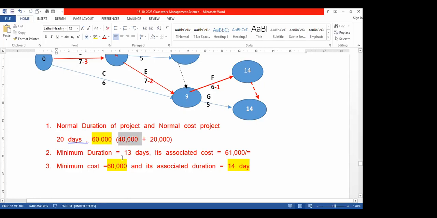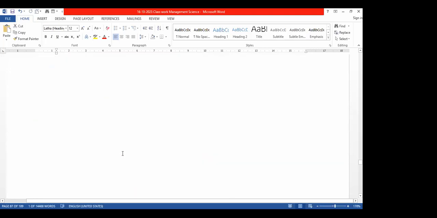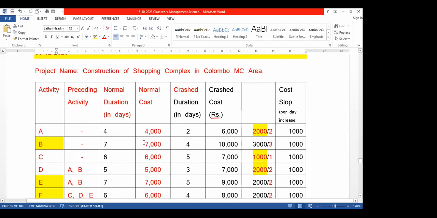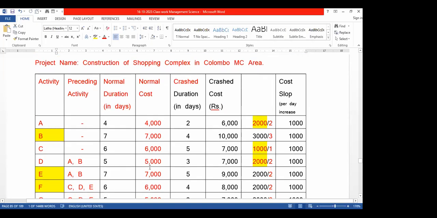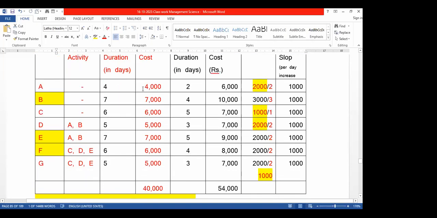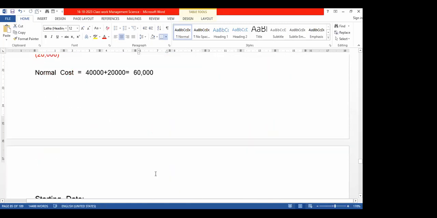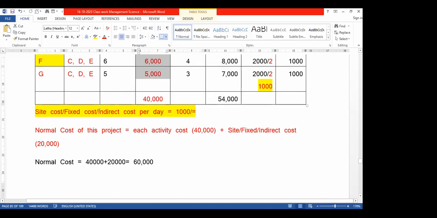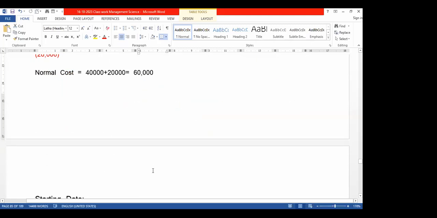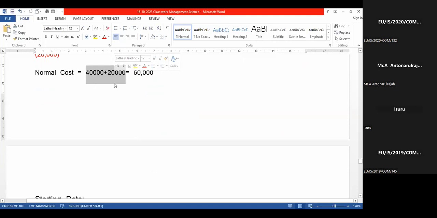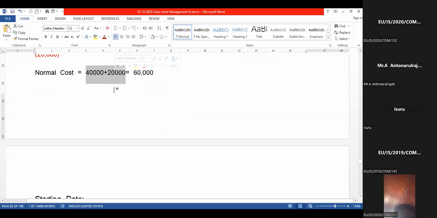The direct activity cost is from the table, the summation of all these normal costs, which becomes 40,000, right? In addition to that, 20,000 is the fixed cost or indirect cost. All these we have to consider for the normal cost calculation, so there are two components, right?